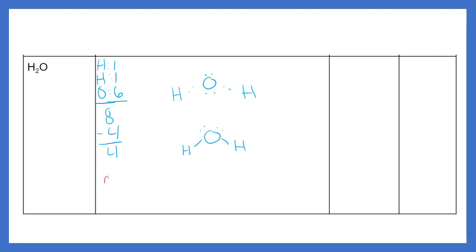Oxygen electronegativity value is 3.8 minus hydrogen's electronegativity value, which is 2.1, which gives us a value of 1.7, so this is polar. Oxygen being more electronegative is a negative value. Since these are at an angle, they don't cancel.